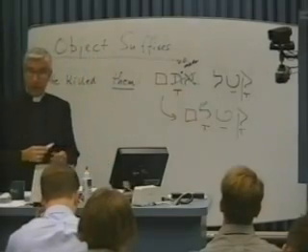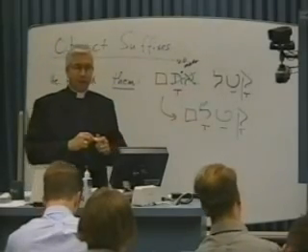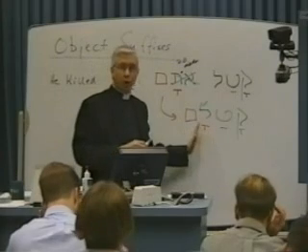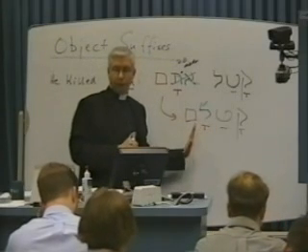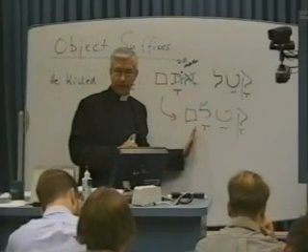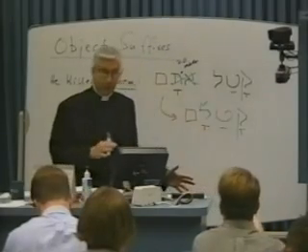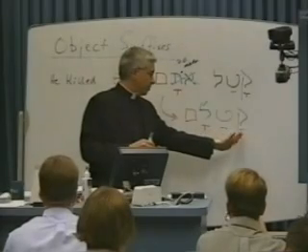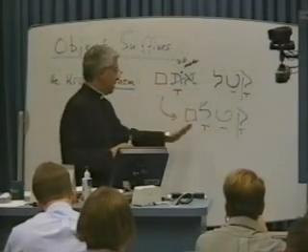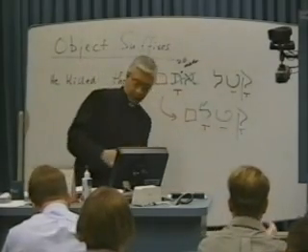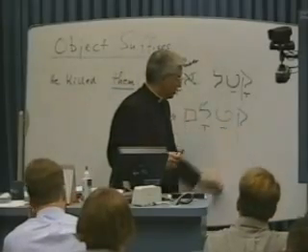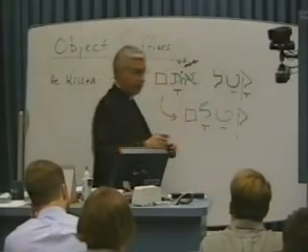Okay? So that when you add an object suffix, the accent will move over one spot toward the end of the word, toward that accent. Now, you can predict what's going to happen here, correct? You now have three syllables, ka, ta, lam, tonic, pretonic, propretonic. What's going to happen to this initial qamets? It's going to go to schwa.